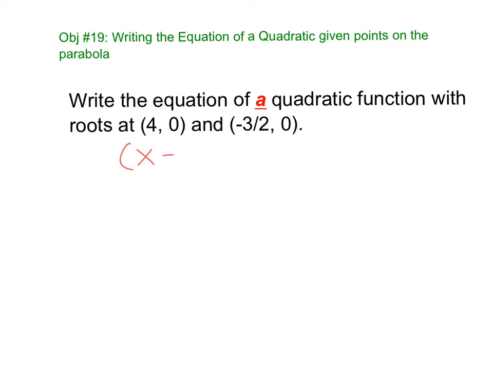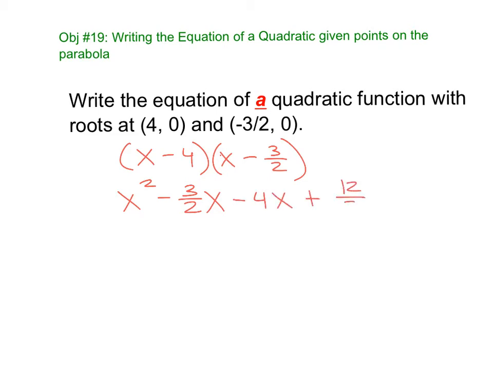So (x minus 4) times (x minus 3/2). If we FOIL that out, x squared minus 3/2 x minus 4x plus 12/2. Now, because it says an equation, you can rewrite this however you want.